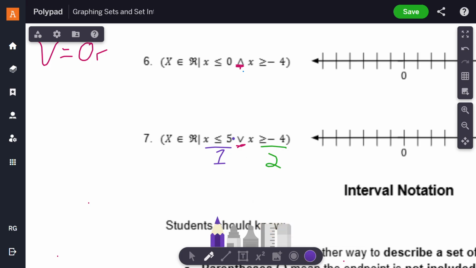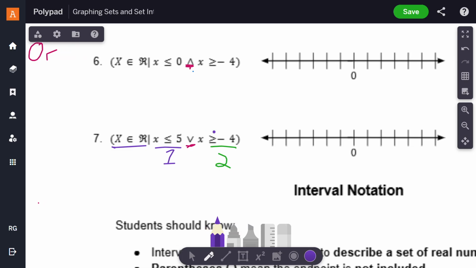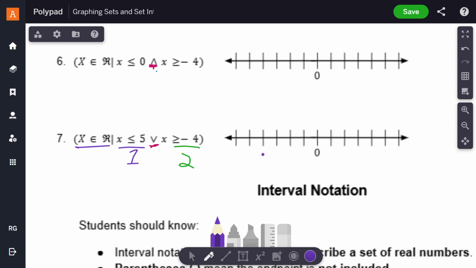All right, so let's start. And remember, x's element includes real numbers. So it includes fractions, decimals. But that part's really not important for graphing, but it is important for recognizing which numbers are included in what is being graphed. So x is less than or equal to 5. I'm going to go to 5.